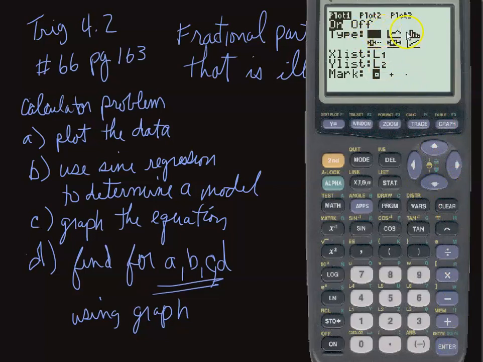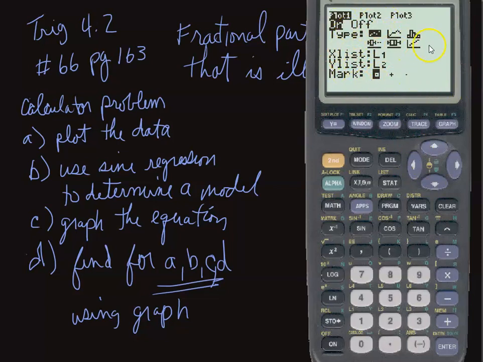This first one right here. These others you'll get to learn about with statistics. The X list is L1. If it's not L1, make it second one, and you get to the L1. The Y list is L2. That would be second 2 to get to the L2. The mark, I'm going to use these big boxes, but you can use a plus sign or even a little bitty dot. And it depends upon how you want it to look. That sets up your stat plot.